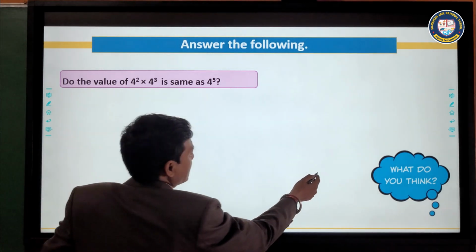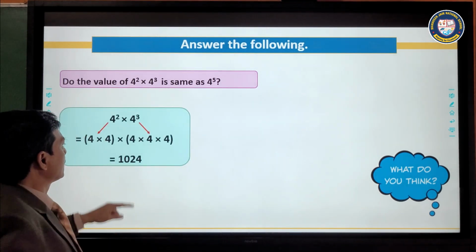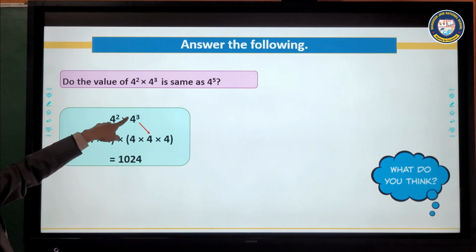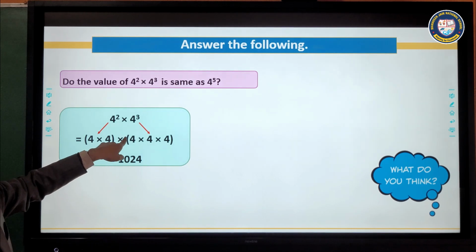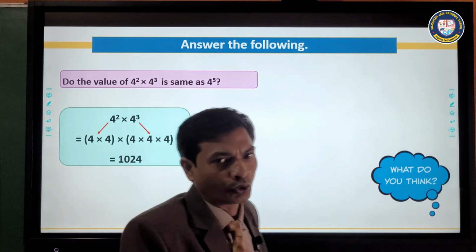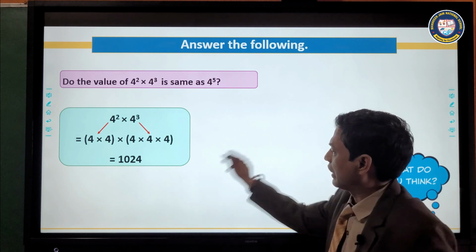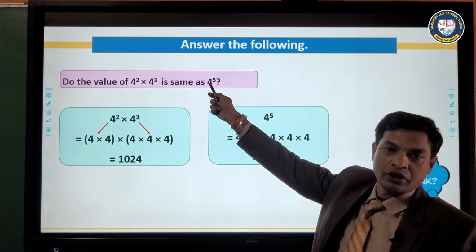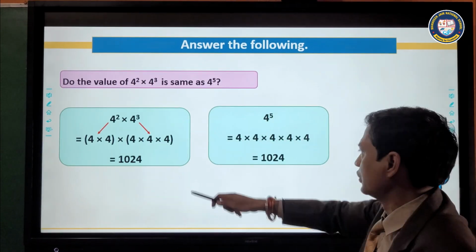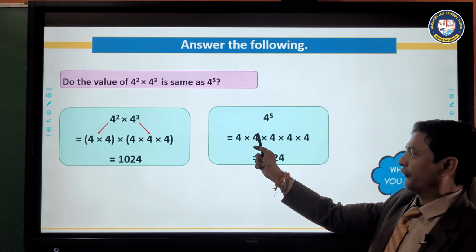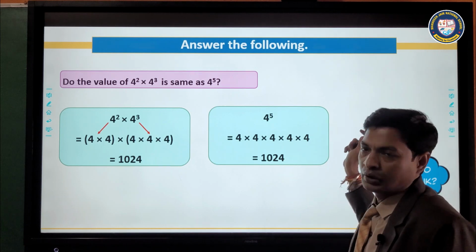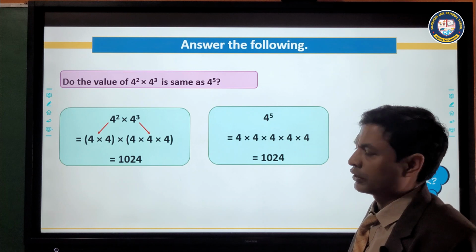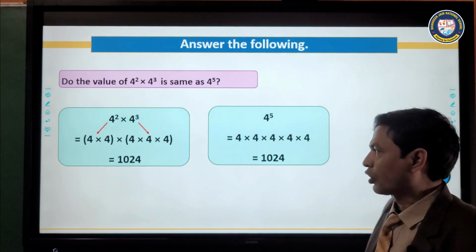That is the question in front of you. 4 to the power 2 is 4 multiplied by 4, and 4 to the power 3 is 4 multiplied by 4 multiplied by 4, so the answer is 1024. Now the value of 4 to the power 5 is 4 multiplied by 4 multiplied by 4 multiplied by 4 multiplied by 4, and the result is also 1024.